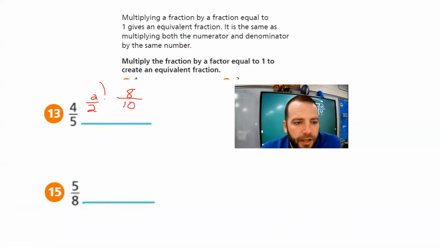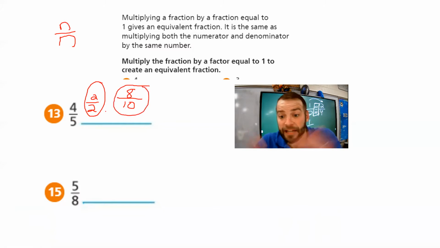But in all reality, you can do any number in the world, call it n, over that exact same number, and you will find an equal fraction. So how many options are there here? Infinite. You could find infinite equivalent fractions. It just depends which number you choose to put on the top and bottom. They have to be the same.